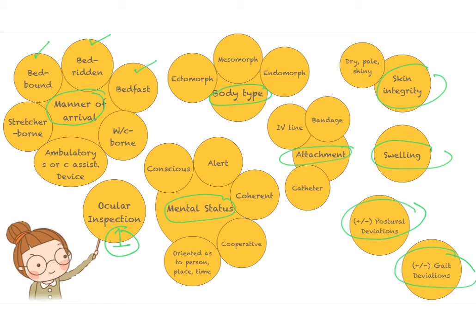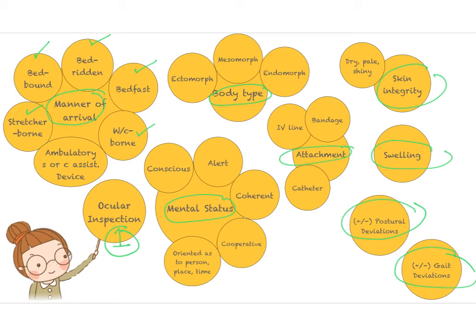Bedfast, patient is bed restricted following the doctor's advice. When you say wheelchair-borne, the first time you get to see your patient na dinadala sa clinic, naka-wheelchair. Okay? Stretcher-borne naman kapag nasa stretcher yung patient kapag dinala sa clinic.